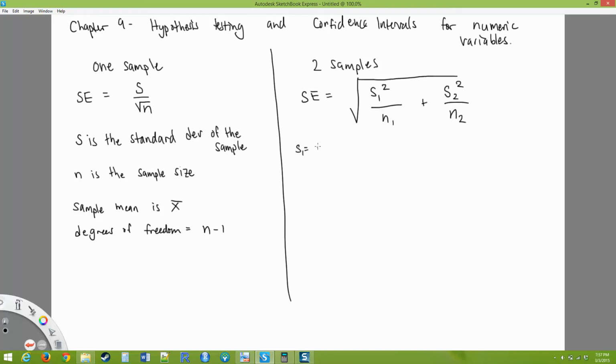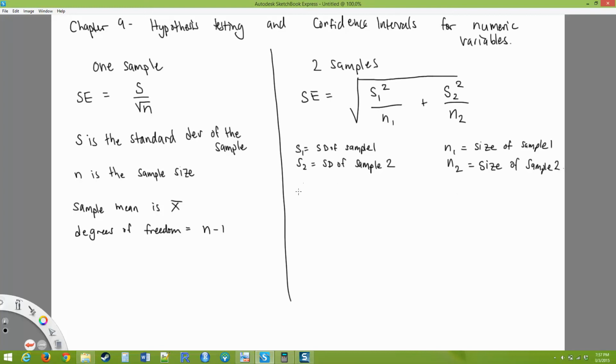S1 is the standard deviation of sample 1. S2 is the standard deviation of sample 2. N1 is the size of sample 1, and N2 is the size of sample 2.